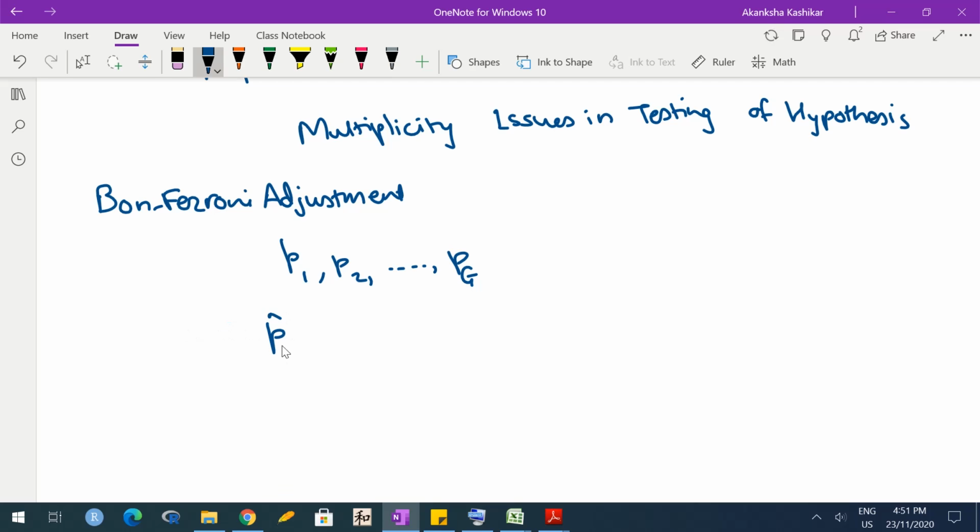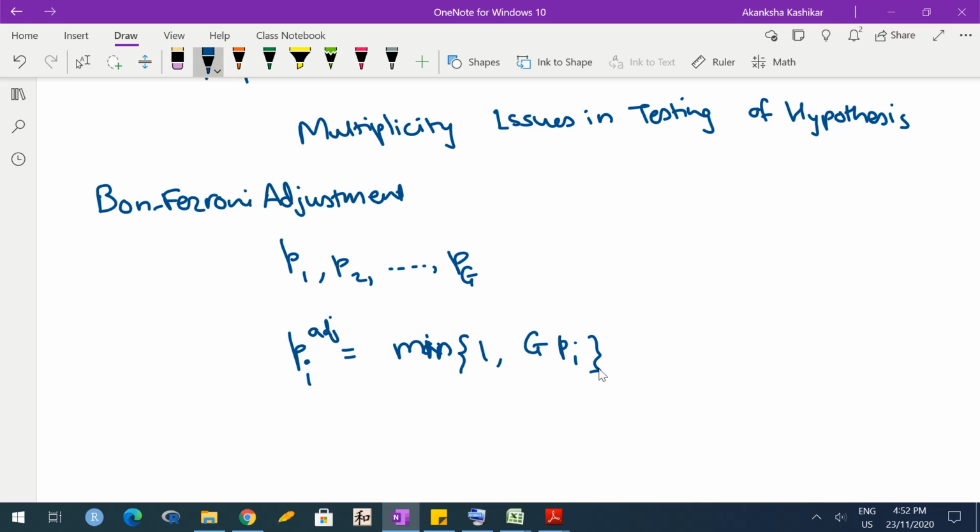We adjust these p-values. The adjusted p-value for the ith null hypothesis would be the minimum of 1 and G times the original p-value. So basically we are multiplying all the p-values by the number G.